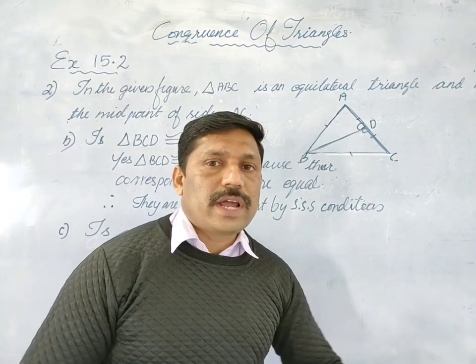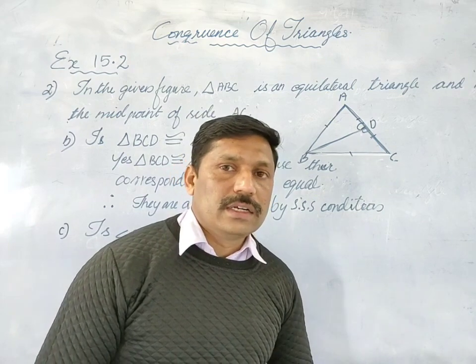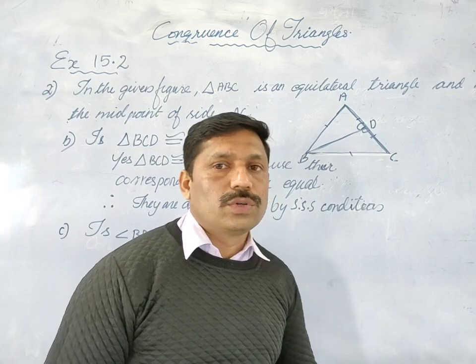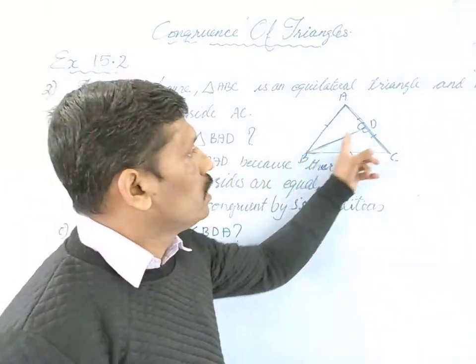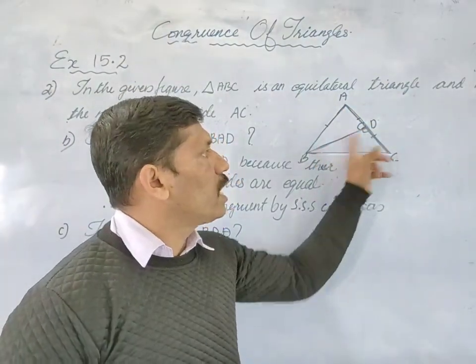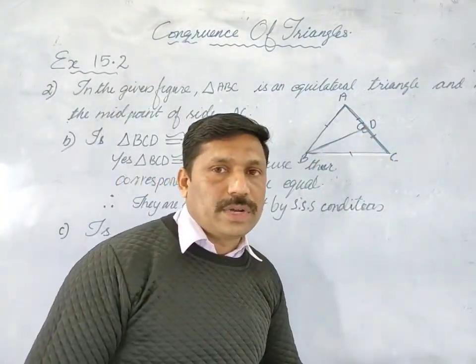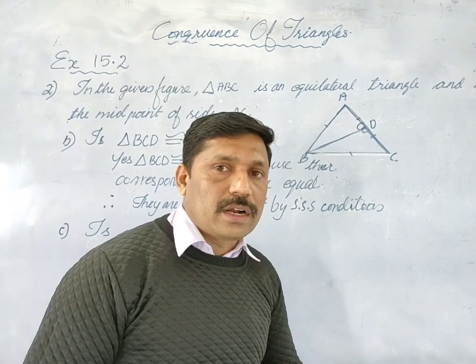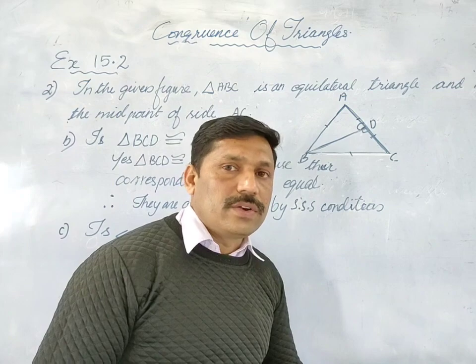So if triangles are congruent by SSS condition, their corresponding angles are also equal. So we can say that angle BDC and angle BDA are equal because they are corresponding angles of a congruent triangle.